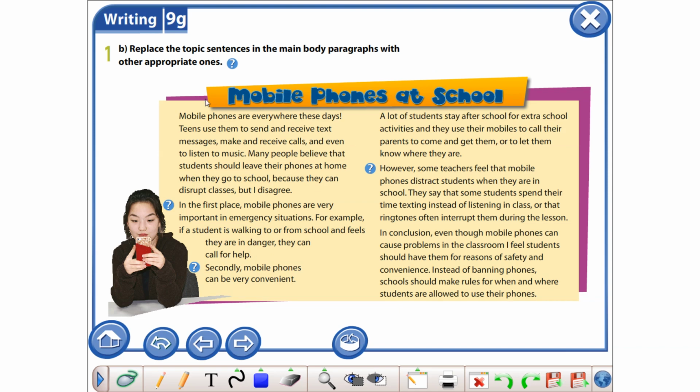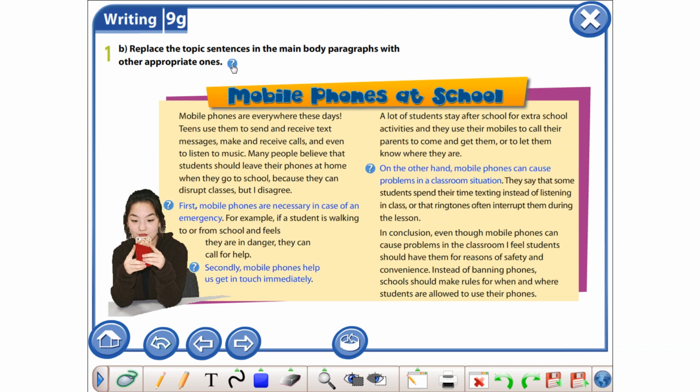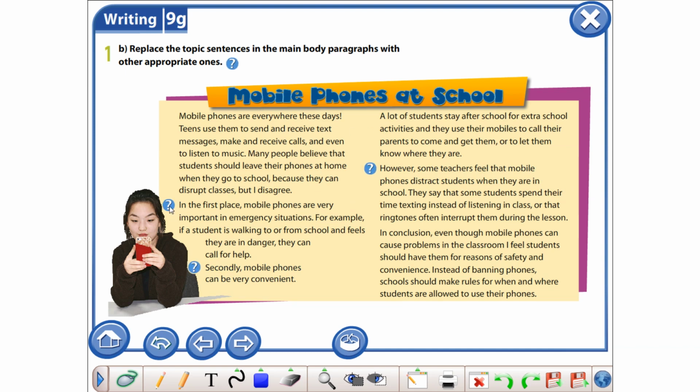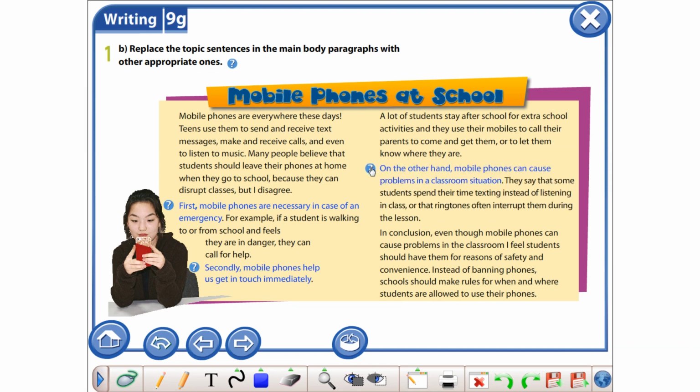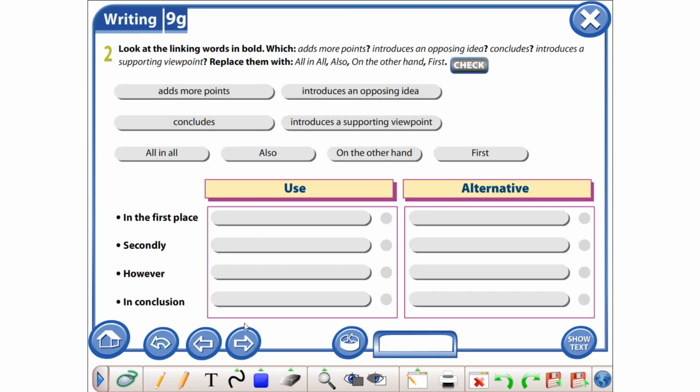Read the model and list the viewpoints the writer gives to support their opinion. What reasons, examples do they use? What is the opposing viewpoint? Find examples of formal style. And next, replace the topic sentences in the main body paragraph with other appropriate ones. First, secondly, however, on the other hand. Okay, and let's continue. Look at the linking verbs in bold, which adds more points.